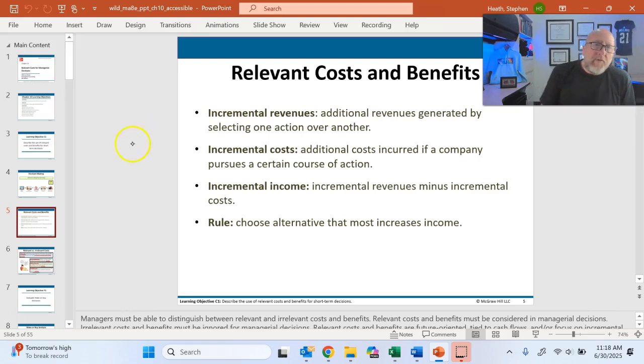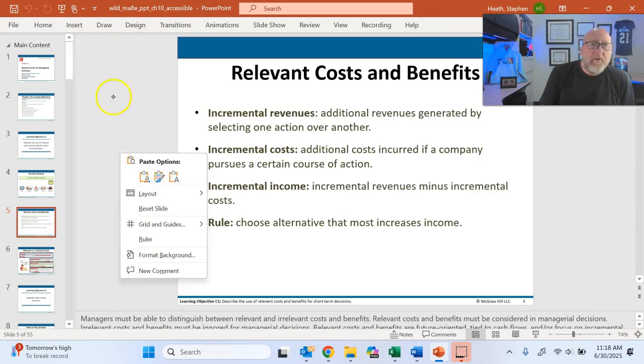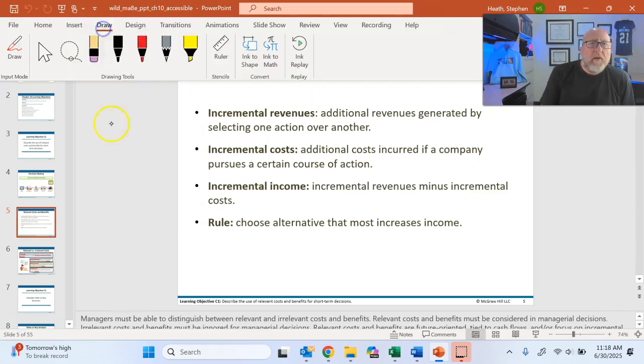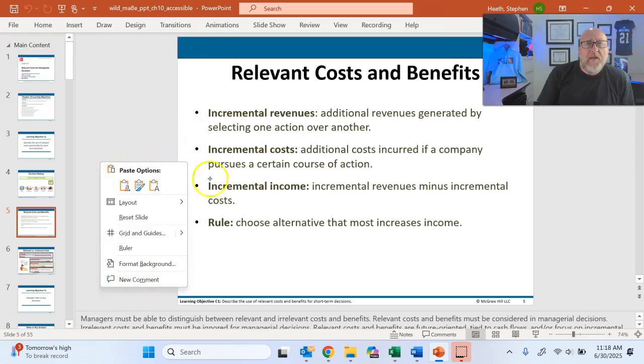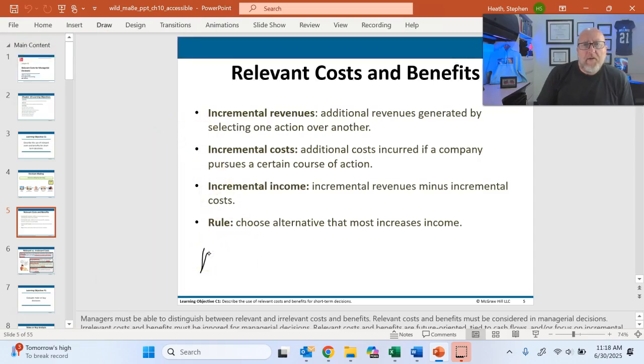I could have scenario A, okay? The incremental revenue could be 100. The incremental costs could be 30. And therefore the incremental income is 70.